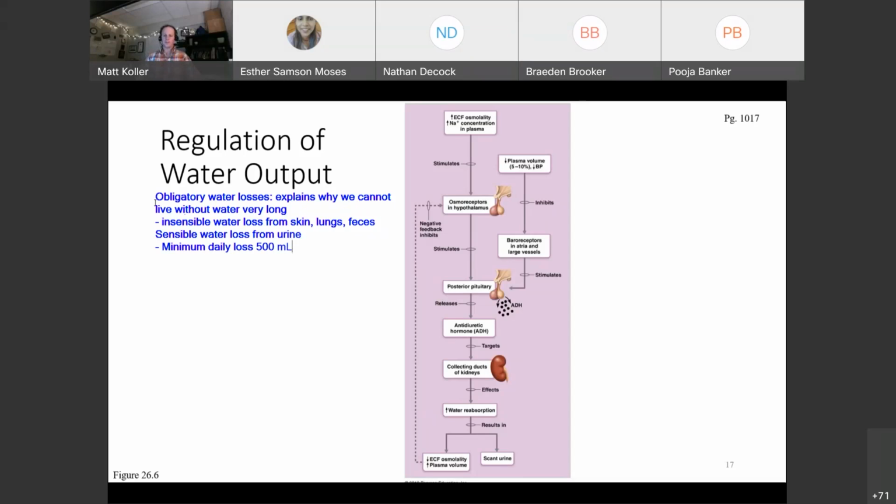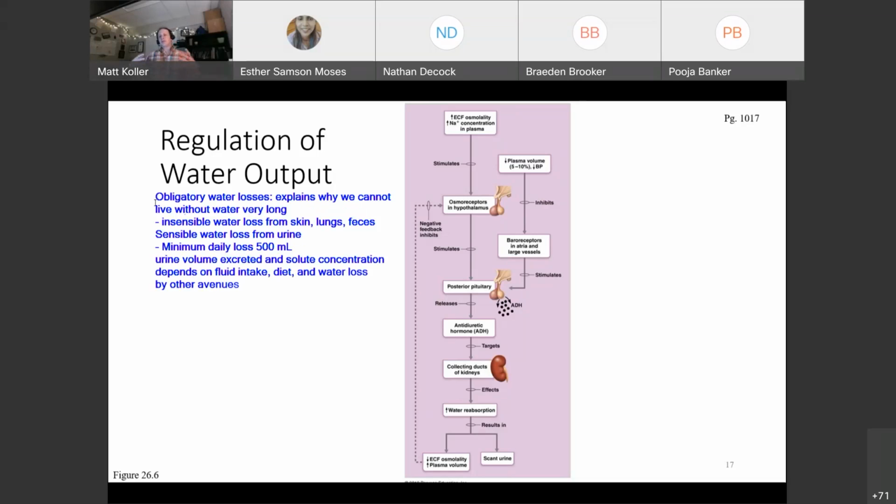So the urine volume excreted and the solute concentration depends on fluid intake, diet, and water loss by other avenues, okay?